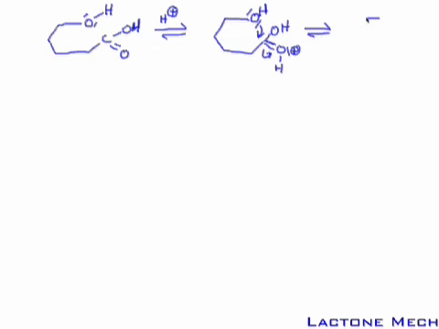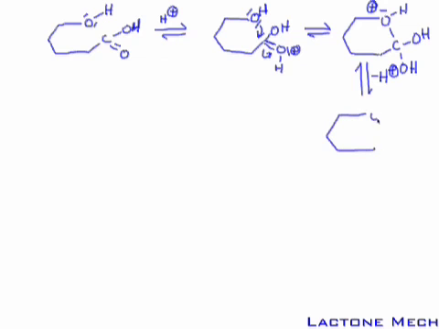Once that happens, we have OH, lone pair and a positive charge on oxygen attached to the C, which now has 2 OHs attached to it. Minus H plus will generate our cyclic ring structure.